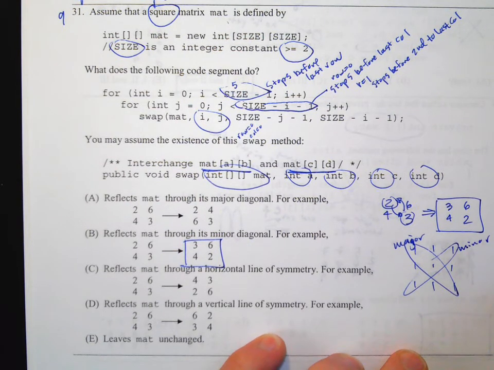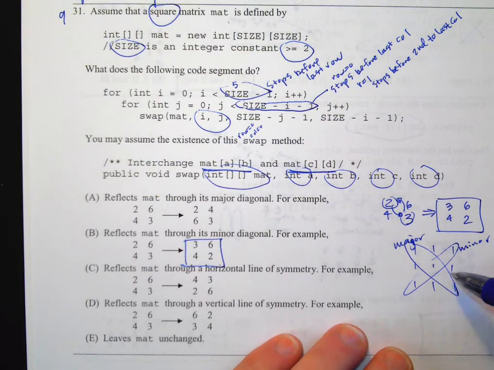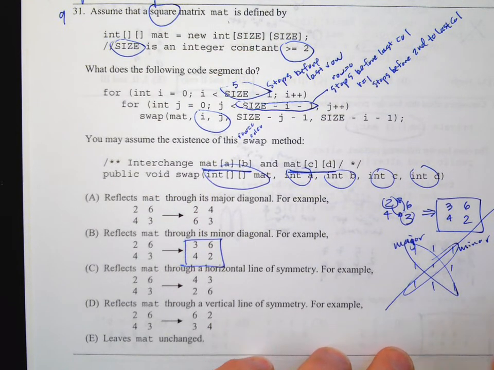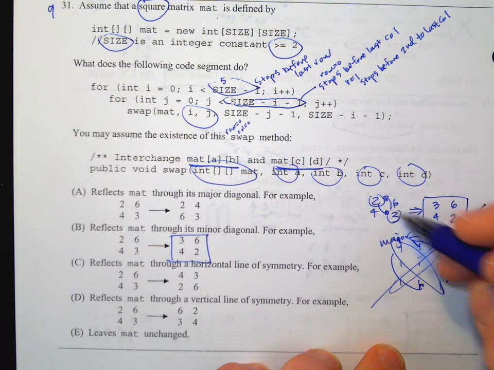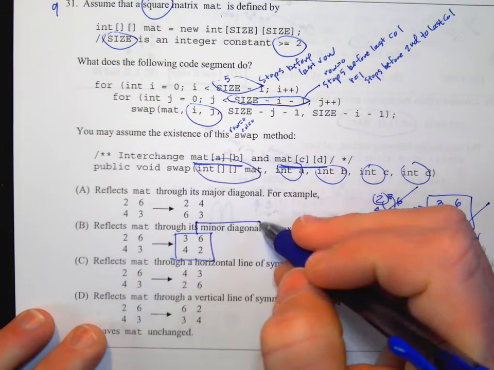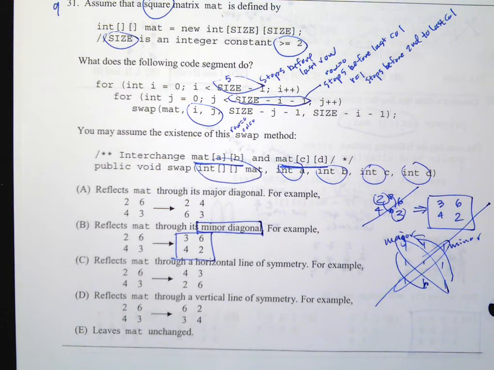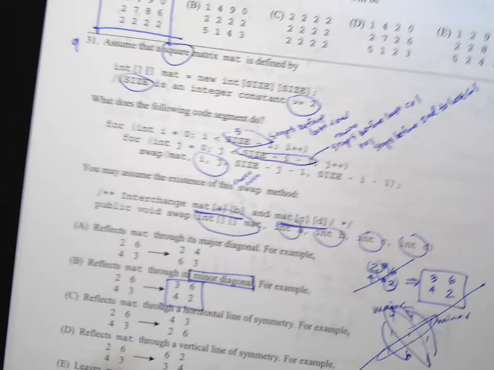And if it's going to be reflected through its minor diagonal, that means this is your line of reflection, and things get swapped across that way, which is clearly what's happening right here, right? So that wording kind of makes sense also. Okay. That was interesting. It was kind of a little hard to think about.